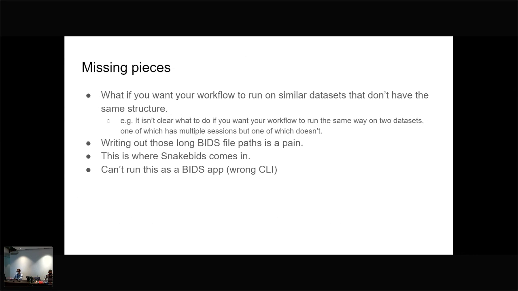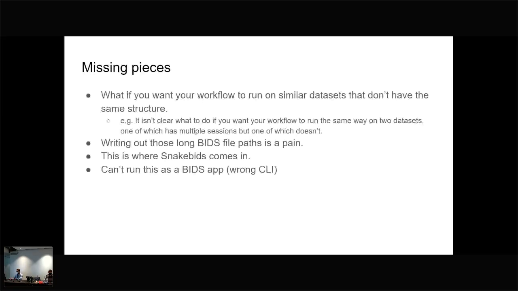Writing out those long BIDS file paths is non-ideal. And if you wanted to run this as a BIDS app, which has a specified interface, you have to use the command name, the input BIDS data set, a location for an output BIDS data set, or your output files in general, and then a participant or group analysis level.